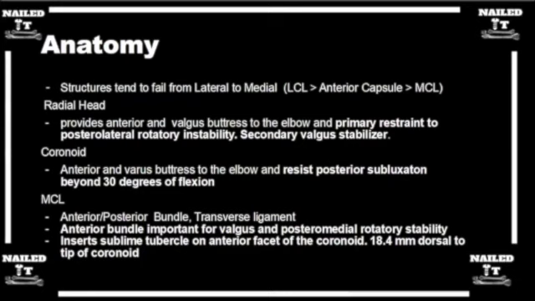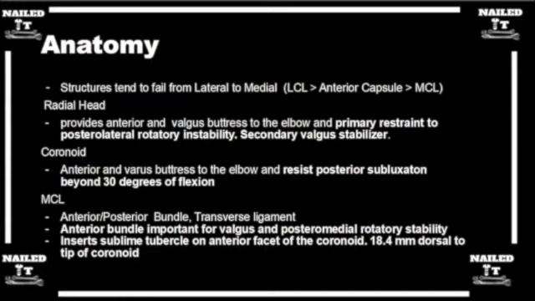The MCL provides valgus and posteromedial rotatory stability, and the radial head is the primary restraint to posterolateral rotatory instability, and a secondary valgus stabilizer. For people listening, that's probably like, what are you talking about? But maybe rewind it and listen back, because I think it's high yield.